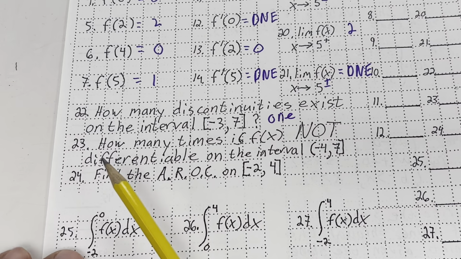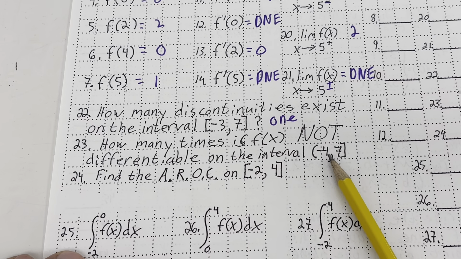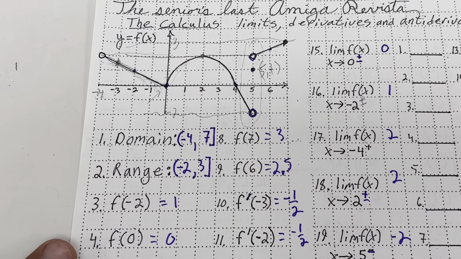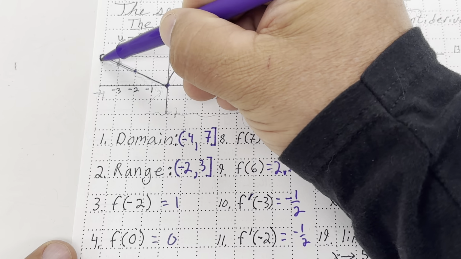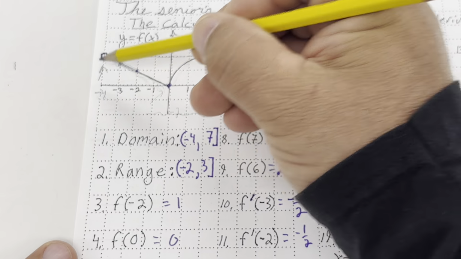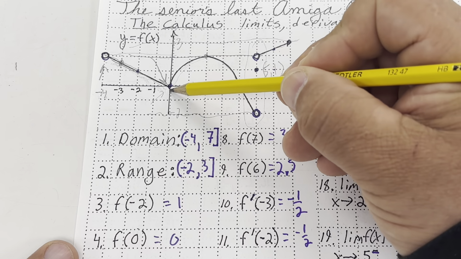For number 23, how many times is f of x not differentiable on the interval from -4 to 7? Now, the rules of differentiability are you are not allowed to find a derivative at an endpoint. So that's 1. You are not allowed to find a derivative at a cusp.